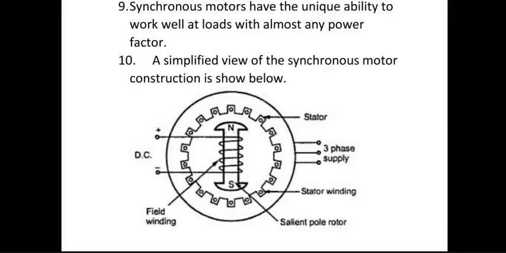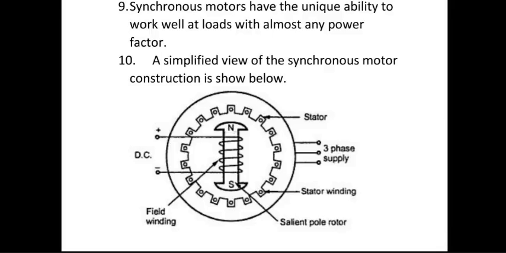So we prefer to create poles on the rotor electromagnetically by using windings. If the poles are physically visible, we call it salient pole rotor. And if the poles are electromagnetically simulated using windings on the rotor, then we call it cylindrical rotor, because then poles are not visible. And of course, the stator has three-phase supply coming in.